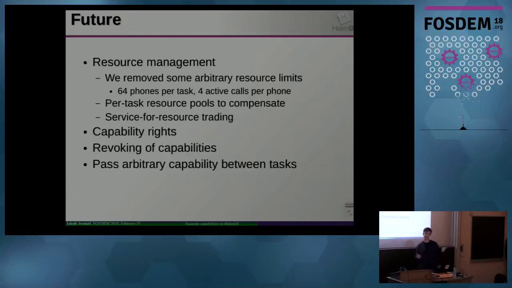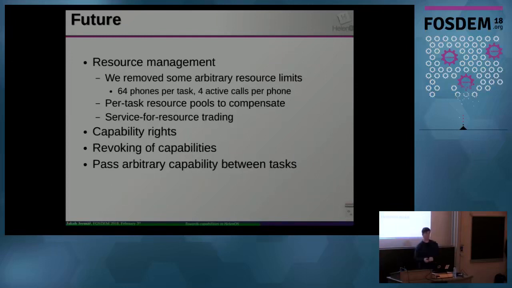For example, the limit of 64 capabilities per task is gone. Now there is a hash table, and it's possible to have an unlimited number of capabilities. So now it's possible for a task to consume so much memory that the system becomes unusable.